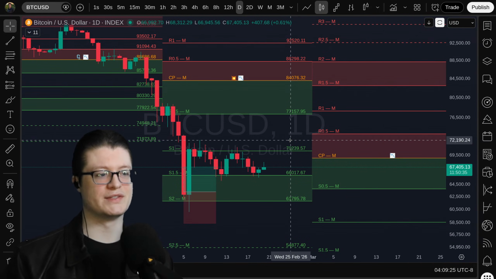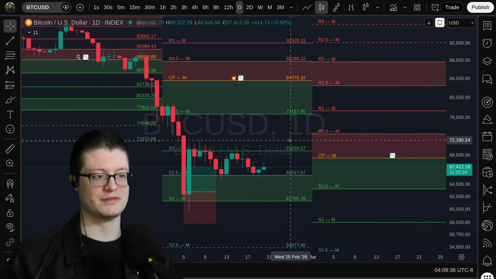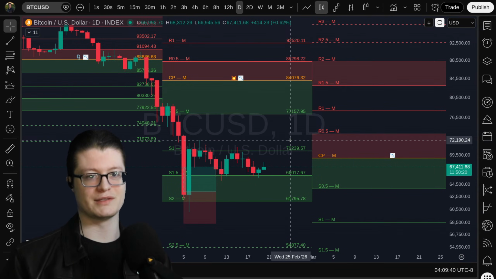But this is just all to say that there is by no means a fear for me, as an indicator vendor, that just because there's now this really awesome AI that LuxAlgo has, I need to be concerned.